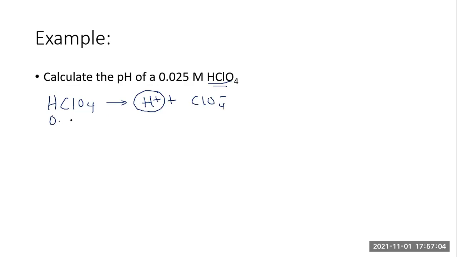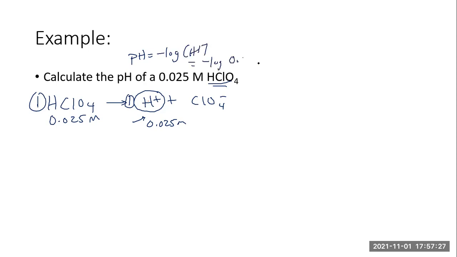Since this is a 1-to-1 relationship, the H plus concentration is 0.025. That is all we need. We go into our pH equation, minus the log of the H plus, which gives us minus the log of 0.025. And that would yield us, I see something in the chat box, so let's see what we get here.